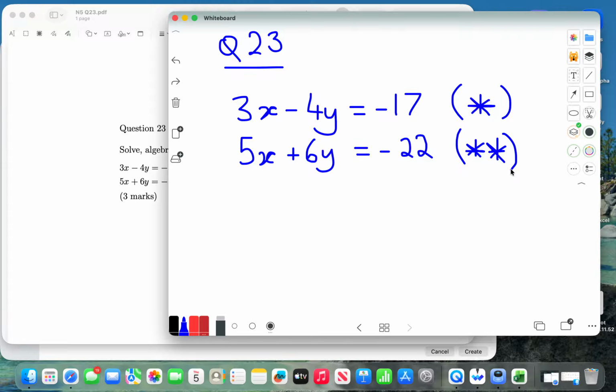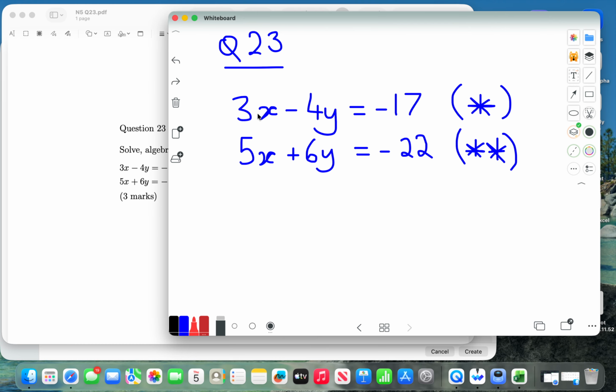Now what we need to do is some scaling, and what we mean by scaling is we have to multiply the equations by certain numbers so that you get the same number in front of either the x's or the y's. The signs do not matter at this stage.